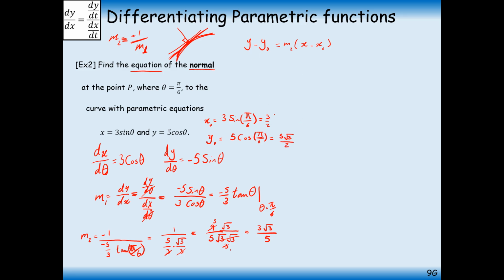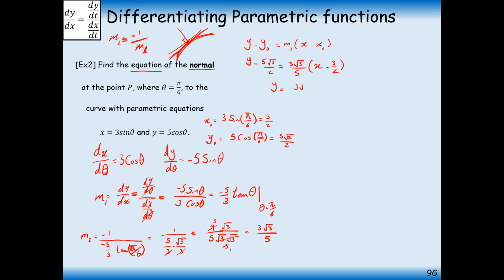Now substituting these two coordinates for x naught and y naught, we'll have y minus 5 root 3 over 2 equals 3 root 3 over 5 times x minus, our x naught is 3 over 2. And to tidy up this expression, we can expand the bracket.